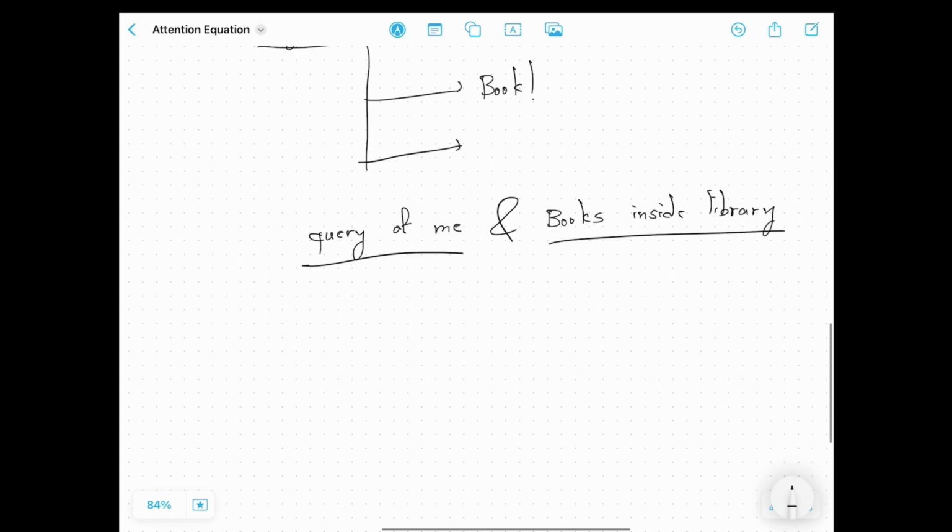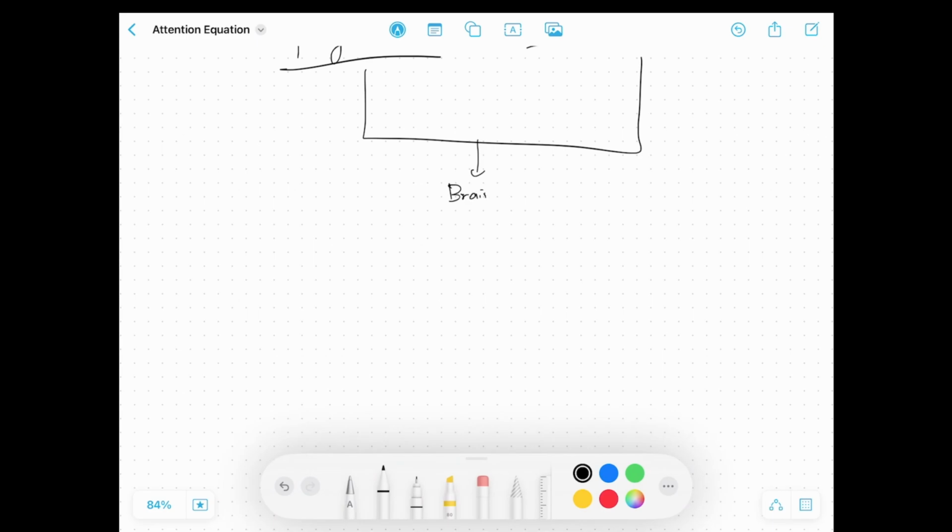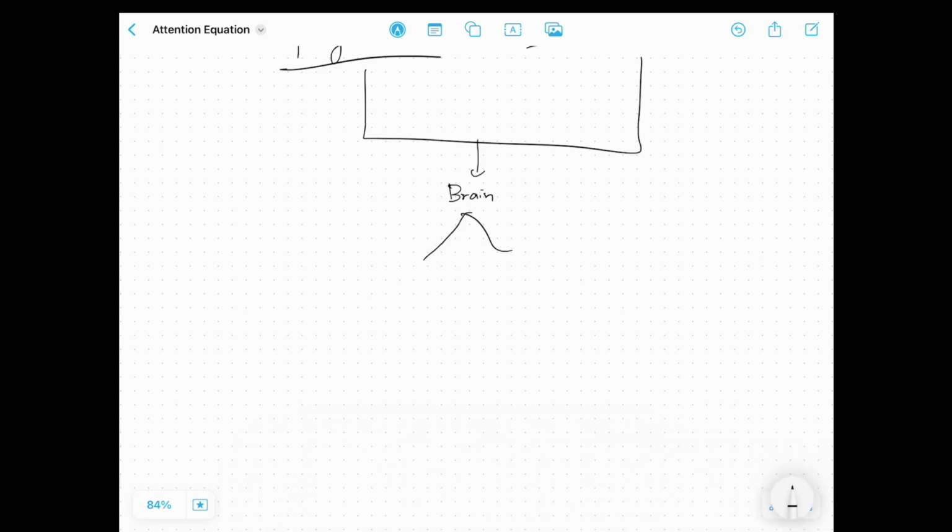This all will be in his brain, and he will be combining these two things, and then giving me a set.